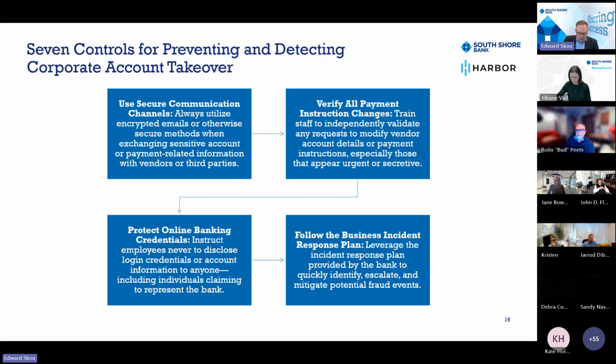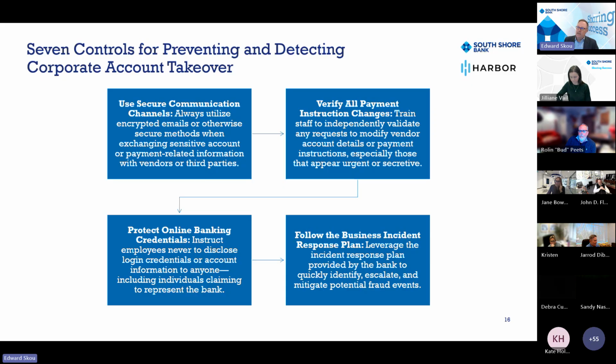This slide is really talking about preventing and detecting corporate account takeover. And I think one area that's really important is using secure email whenever possible. So when you're exchanging sensitive information with vendors, sending a secure email will protect your information, but it's also protecting your information from the vendor, where if the vendor's email is compromised, which is in many cases where we see payments that are authorized but are fraudulent.